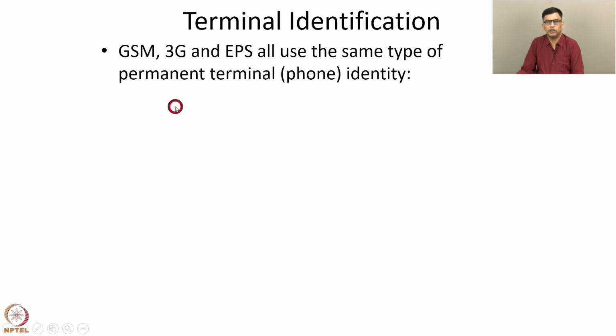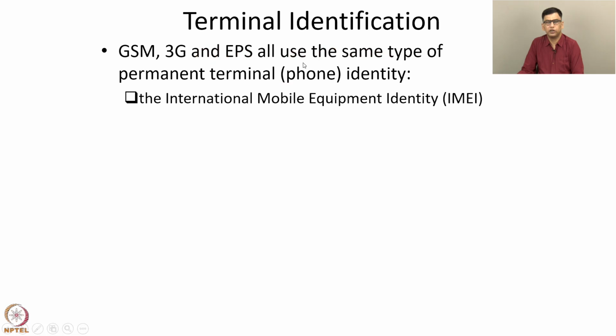So GSM, 3G and EPS all use the same type of permanent terminal identity or the phone identity, and that is the IMEI number. It stands for International Mobile Equipment Identity. It's a unique identifier for every cell phone. GSM, 3G and EPS all use this IMEI number to identify the cell phone.